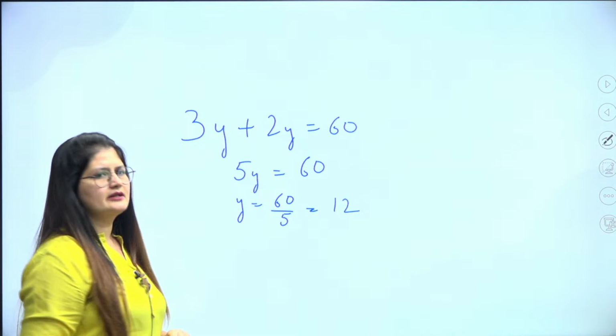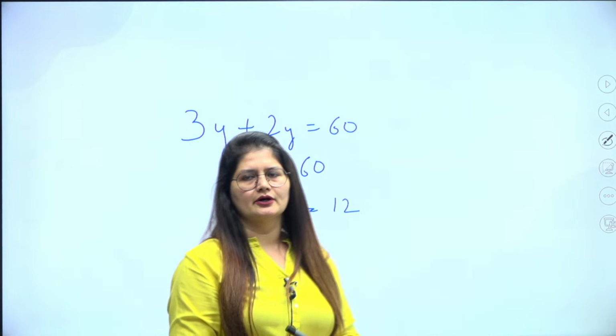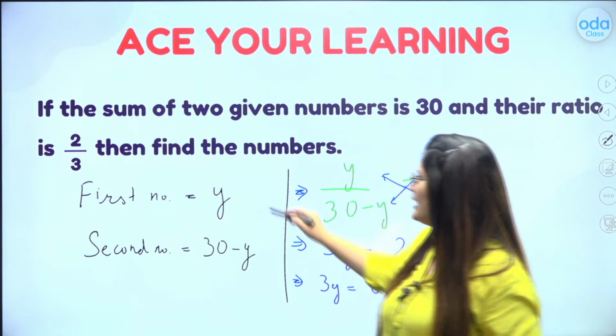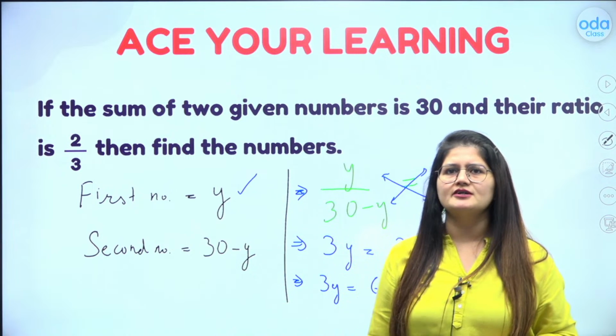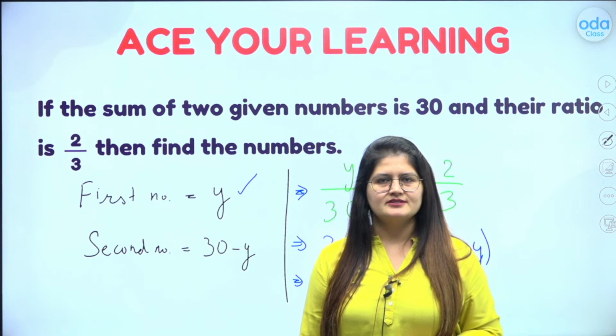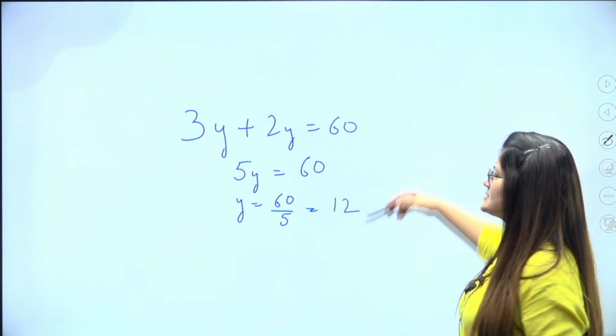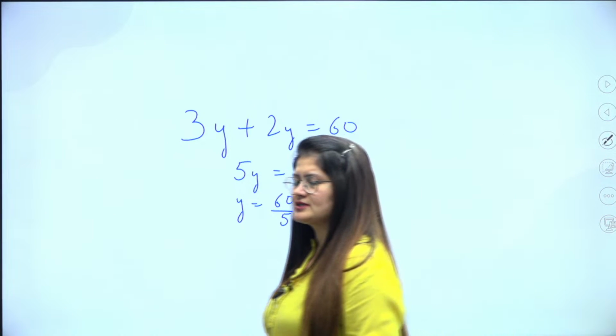So we have got one number here. What was y initially? y was basically the first number that we had. So the first number is 12. Let's talk about the second number.